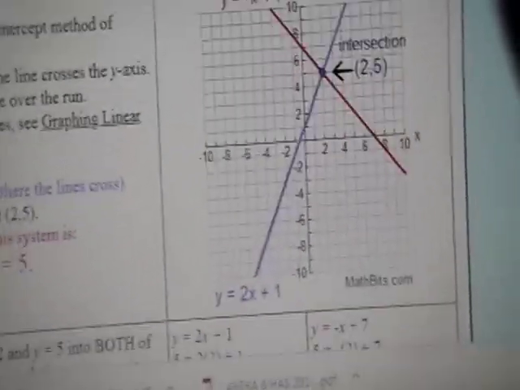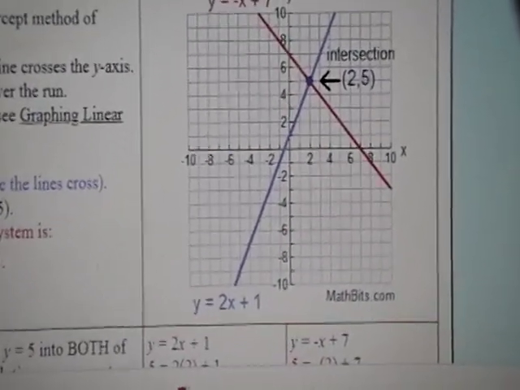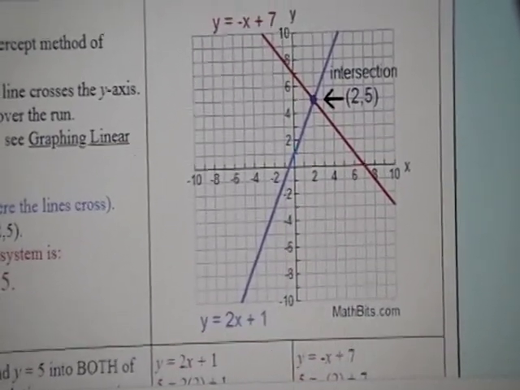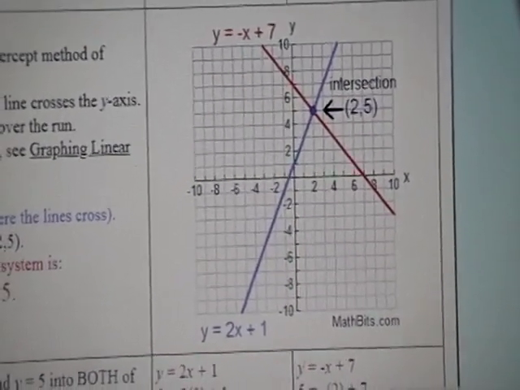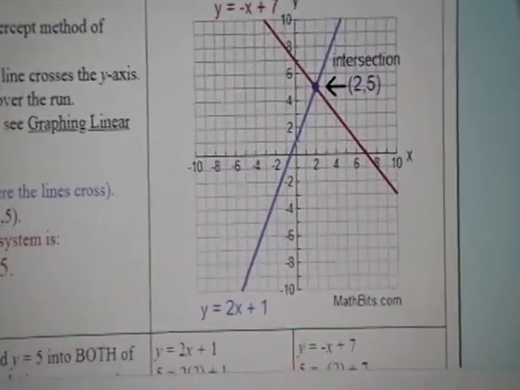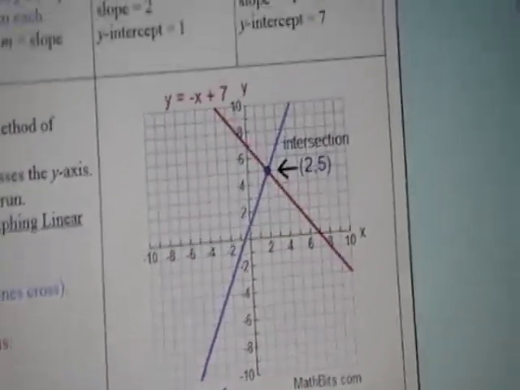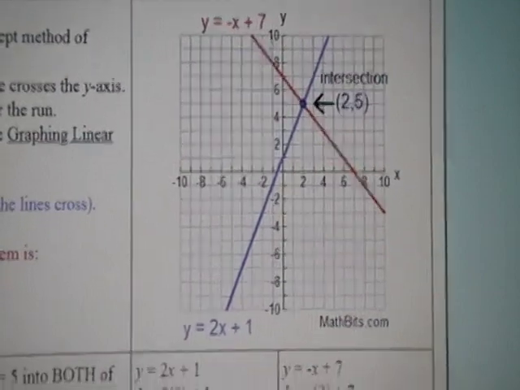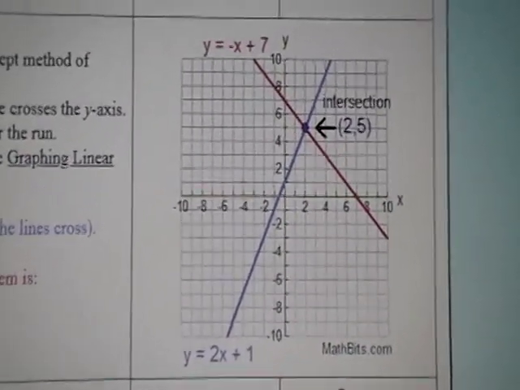The second method, and I want you to go ahead and turn in your books to lesson 7.2, and that is on page 396. So make sure that you are on the page that says Solving Linear Systems by Substitution.